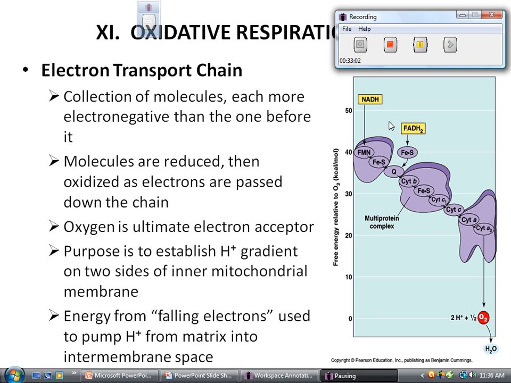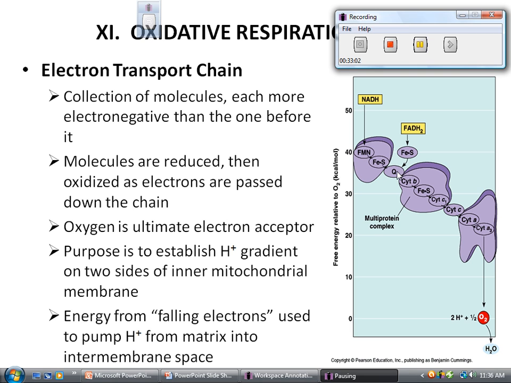They're going to come to the ETC and drop off their electrons. The electron transport chain proteins, the purple ones, are going to be reduced as they receive electrons. Then they're going to be oxidized as they pass the electron down the chain to the next one. So they first receive the electron from NADH and FADH2, which will reduce them briefly.